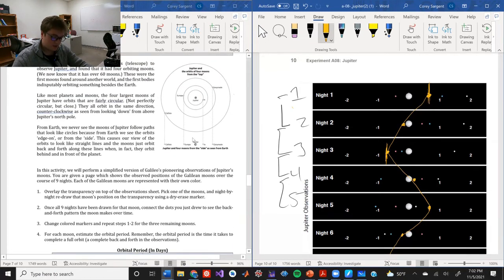Because if it doesn't extend that far out, let's go back to our little map here, it would be at that location. We don't see it going this way anymore. It only goes back towards Jupiter, at least from our perspective, and as it goes to the other side, it only looks to go back towards Jupiter from our perspective.